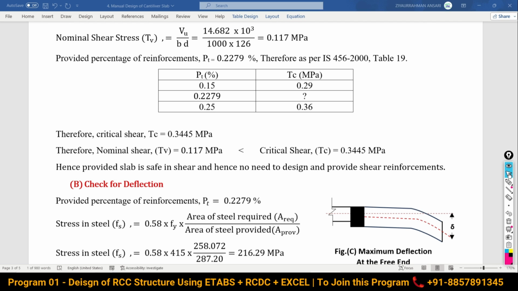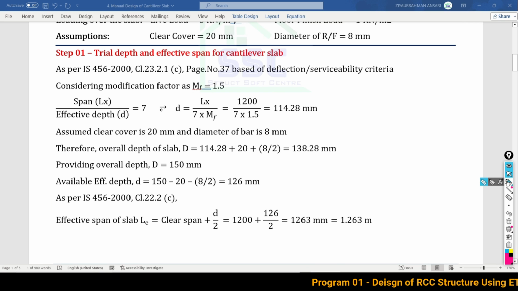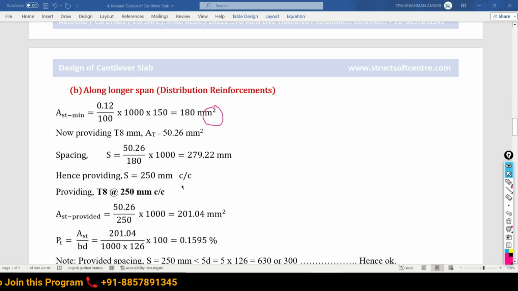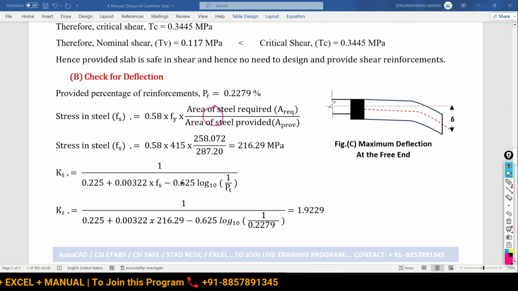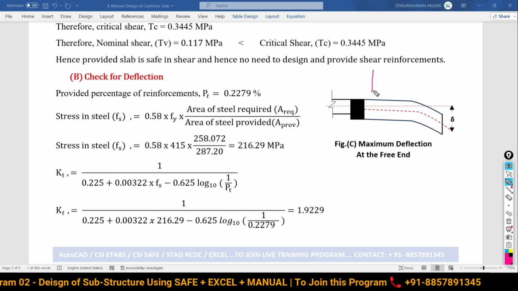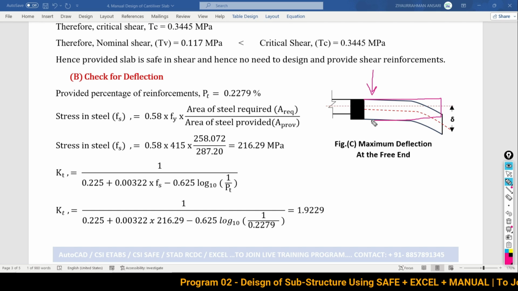But you can recall at the start of this problem, while calculating the preliminary effective depth, I discussed an important point about the modification factor. This modification factor is actually the factor of presence of the reinforcement. When the load is coming, only concrete is not there for resisting this load against the deflection.